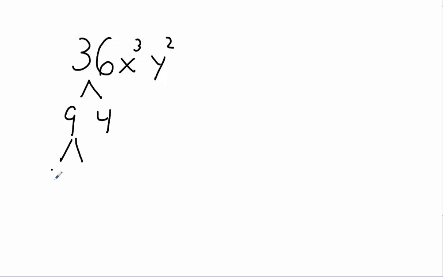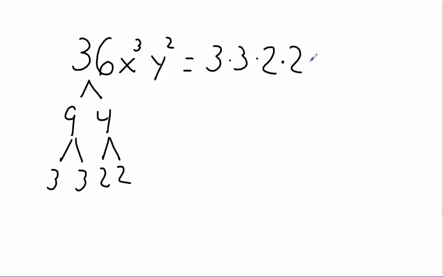Then the 9 goes to 3 and 3, and the 4 goes into 2 and 2. So basically the smallest we can break this down is to 3, 3, 2, 2 times x, x, x times y times y. This is what we call prime factorization.